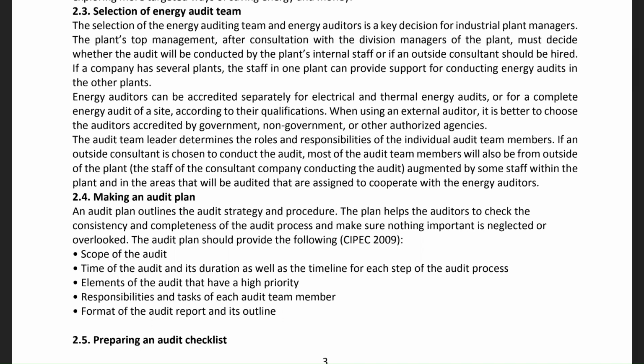But what are the disadvantages? The disadvantage can be that the works manager, maybe he is a mechanical engineer or he must have done some MBA, but he is not a qualified energy auditor. So his way of representing the report may not be professional.